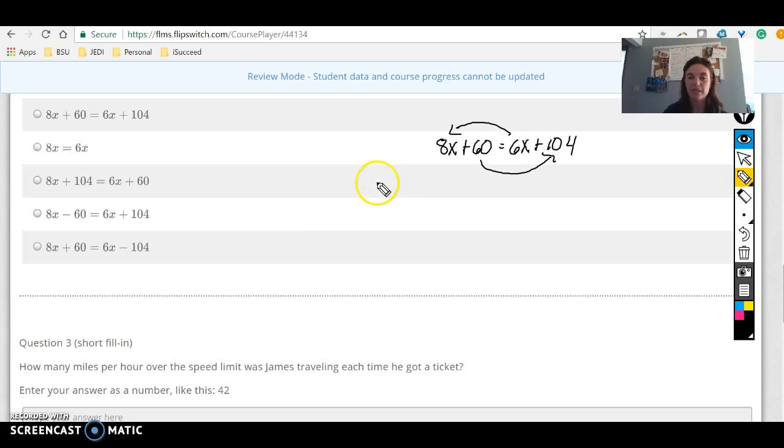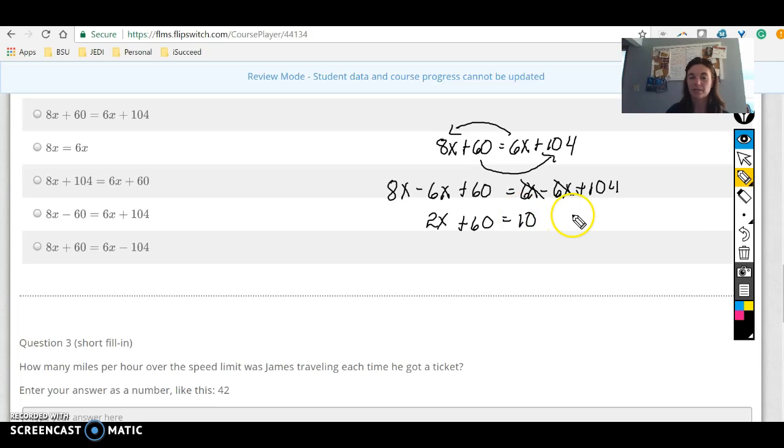So I'm going to say 8x minus 6x plus 60 equals 6x minus 6x plus 104. That's the first step. I'm moving the x's only. 8x minus 6x is 2x, and I've eliminated that variable from the right side. So 2x plus 60 equals 104.